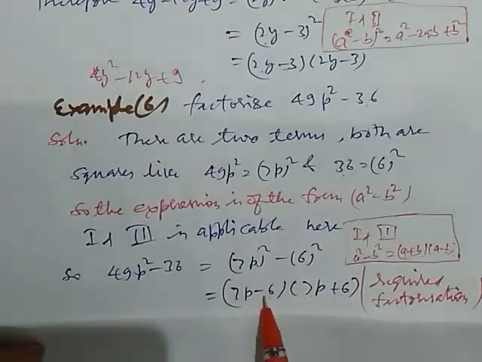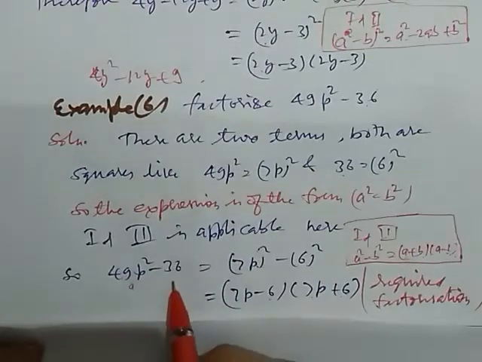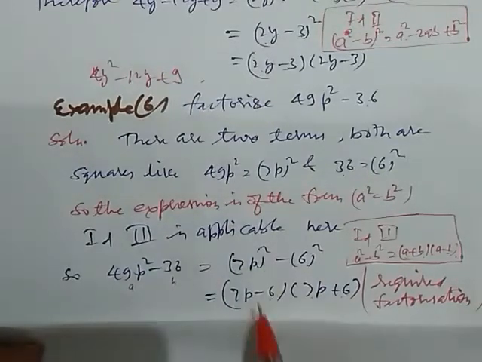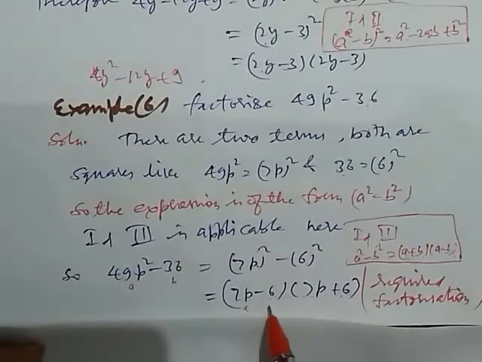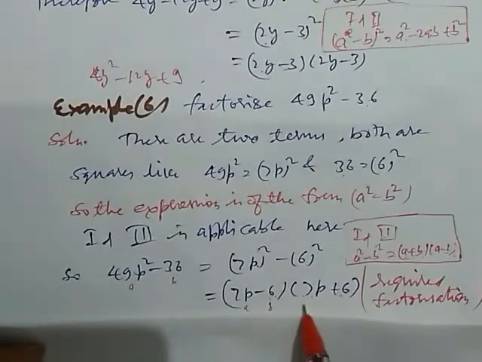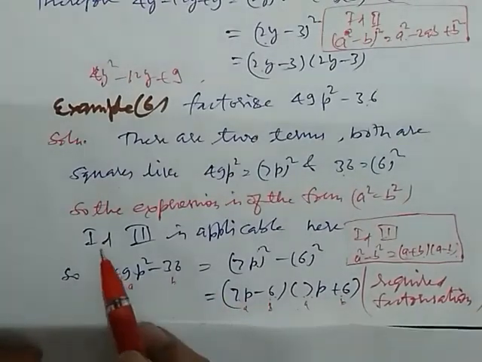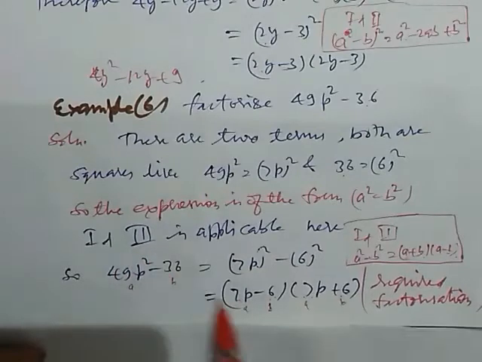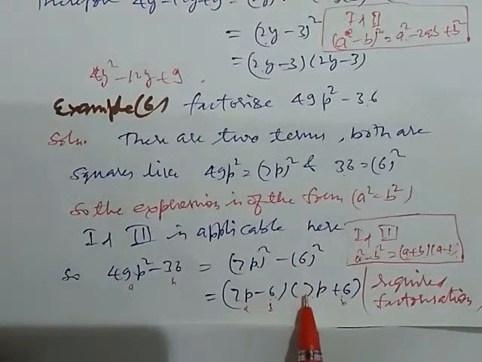So 7p minus 6 and 7p plus 6. This is as a square minus b square. So a minus b, a plus b. By this way, directly utilizing the identity, we can factorize our expressions.